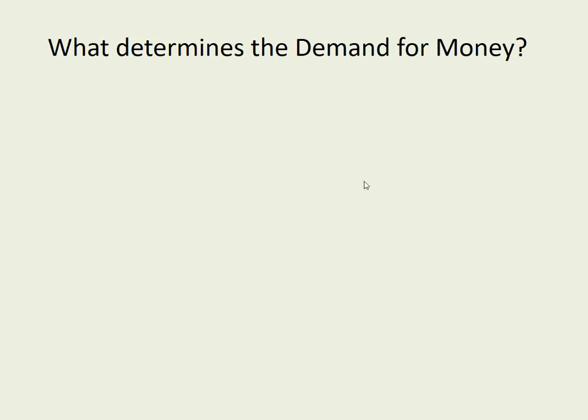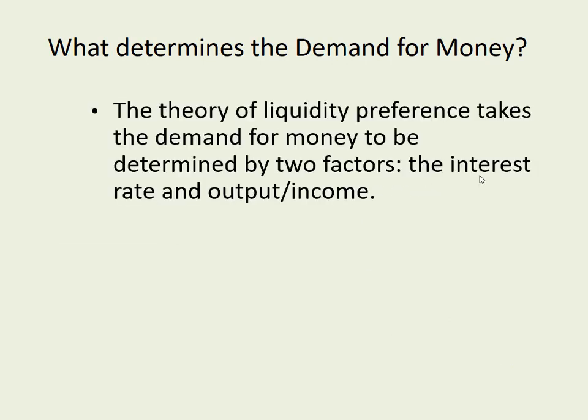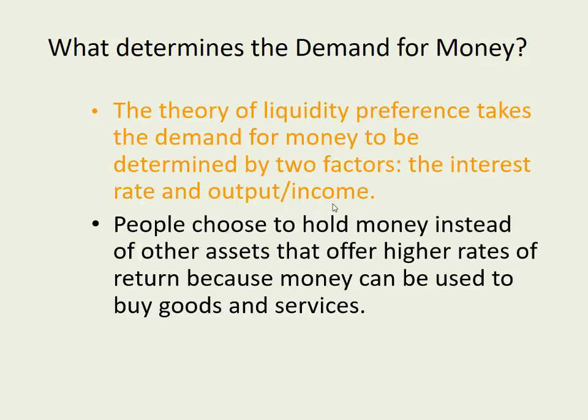Demand for money is where you get more interest. In Keynes' theory, the theory of liquidity preference says that the demand for money is determined by two factors: the interest rate and also the output and income in the economy.